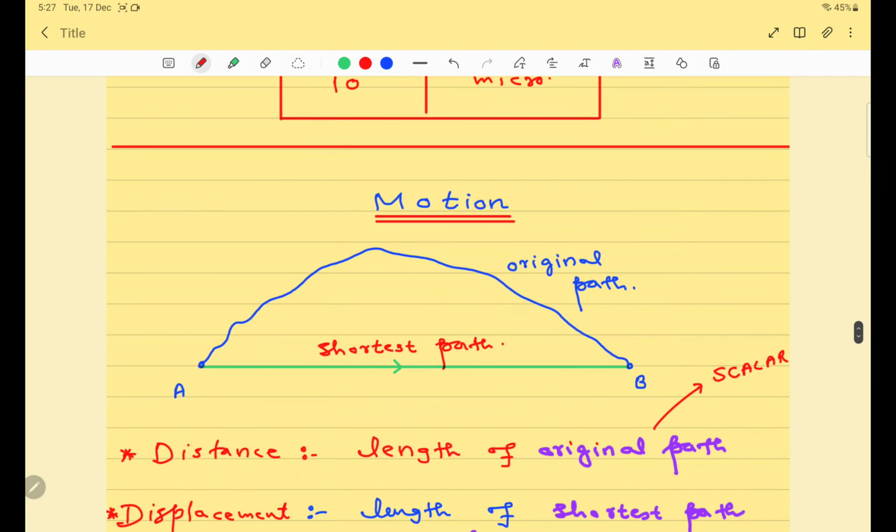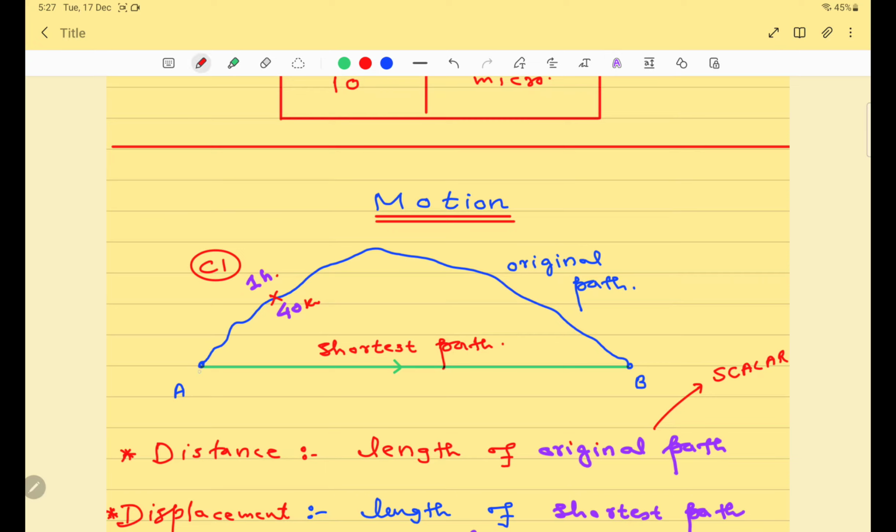Consider you are driving your car from position A and you have covered 40 kilometers during 1 hour. So car number one has covered 40 kilometers during 1 hour. So 1 hour is the unit time.